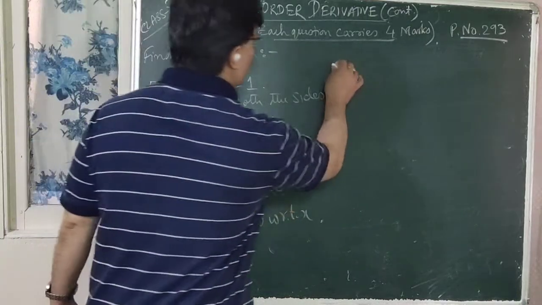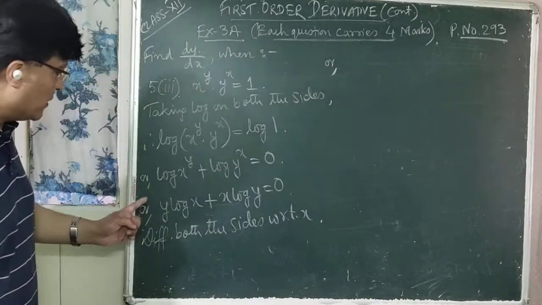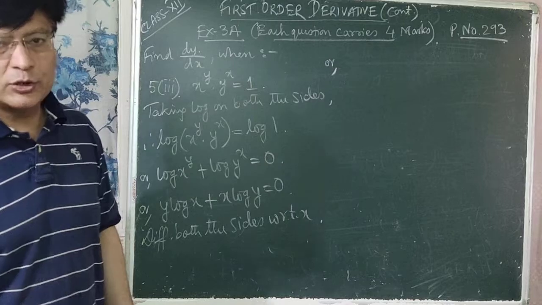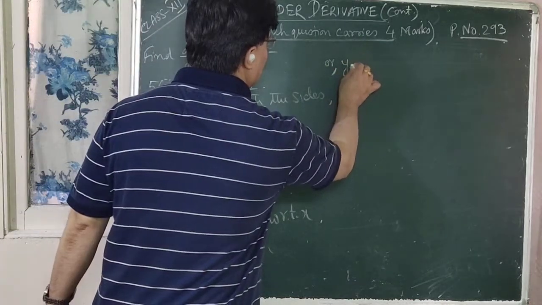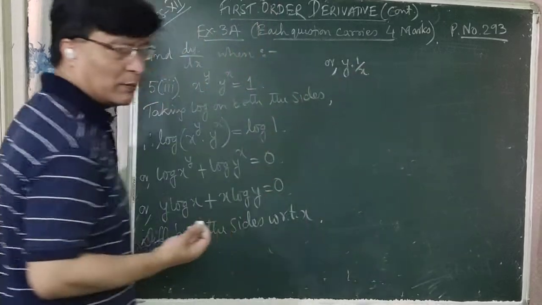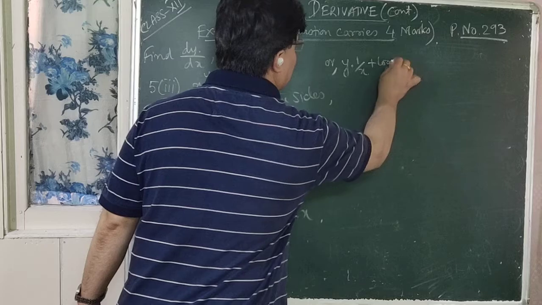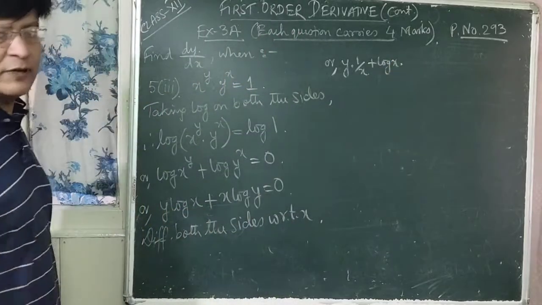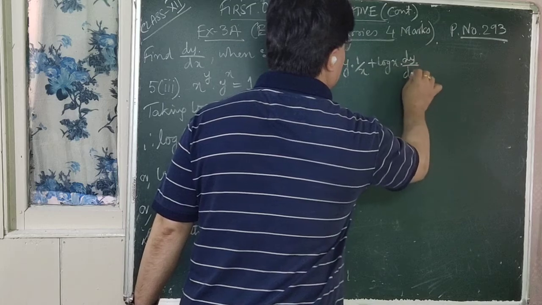So differentiate y into log x: y is kept as it is. What is the differentiation of log x? 1 upon x. Next, plus, now log x is kept as it is into, what is the differentiation of y with respect to x? It is dy by dx.